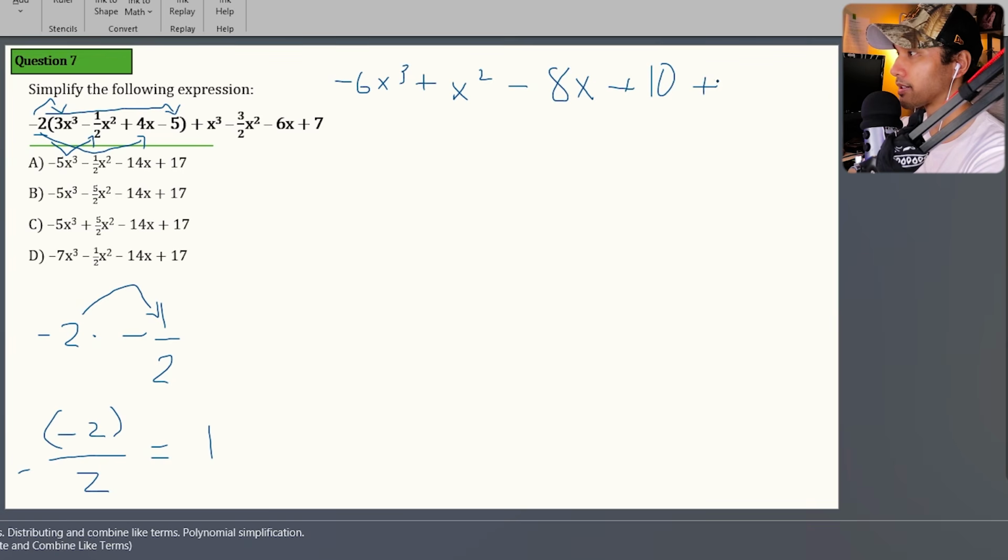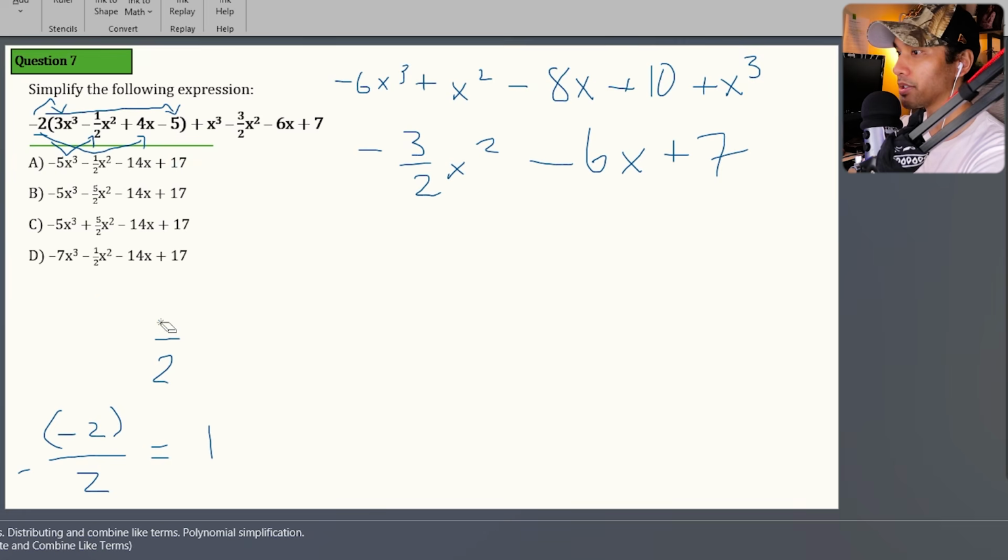And then plus x cubed minus 3/2 x squared, or this equals -1.5x squared minus 6x plus 7. So the only real algebra we had to do was just distribute. That's it. Now we're just combining like terms, which is super easy.